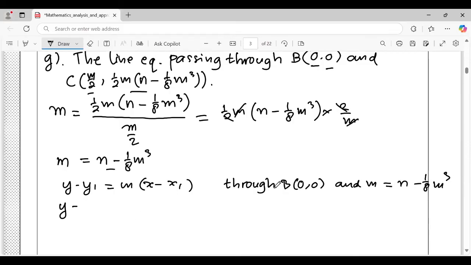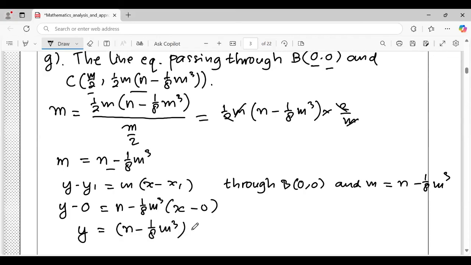Zero is simpler than the other point. So y minus 0 equals n minus 1 over 8 m cubed times x minus 0. Y equals n minus 1 over 8 m cubed times x.